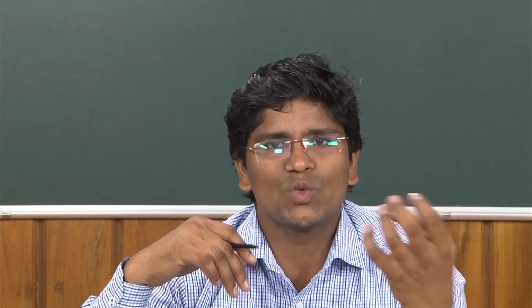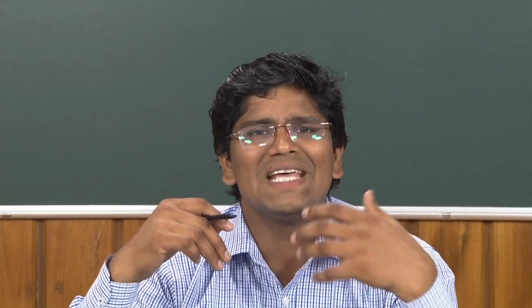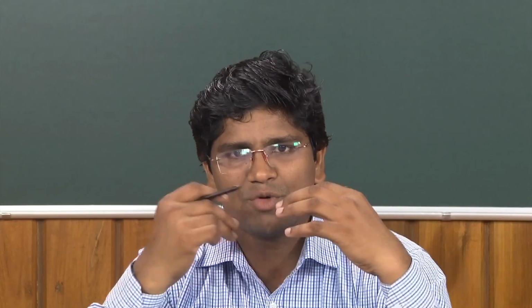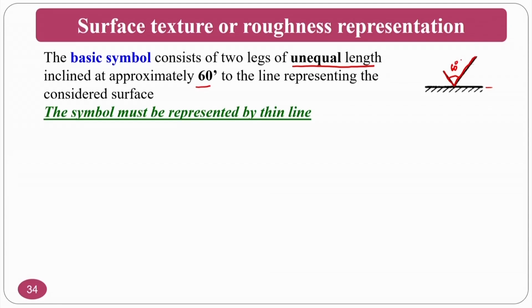I want to add the surface roughness value, the waviness values, the lay direction, so many things. Those are all to be added to a basic symbol. You purchase a basic model, now you add on things, like in a computer. In surface roughness also you can add on things.